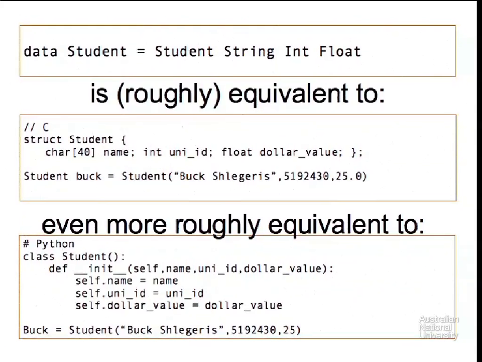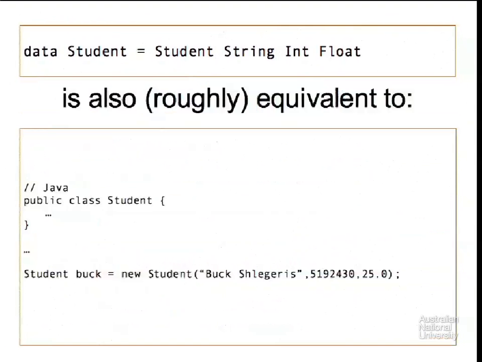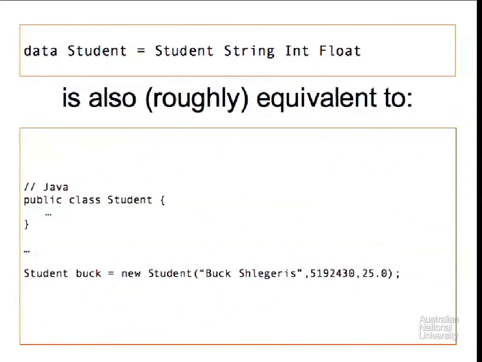I was trying to explain this to someone the other day, and they were saying, sorry, you can't have a list of arbitrary elements? Why not? For the Java students among you, it's roughly equivalent to a public class Student, 40 lines of awful cruft, with a constructor method that takes a string, an integer, and a double, and assigns those to fields in your object.